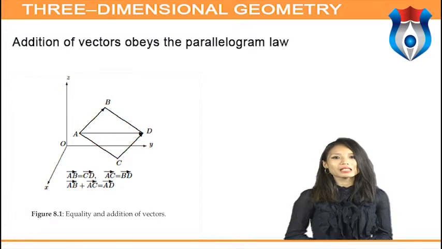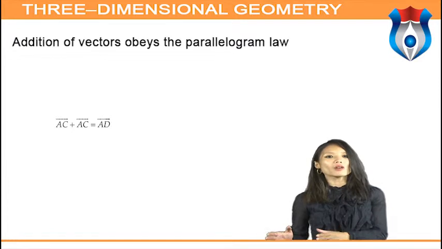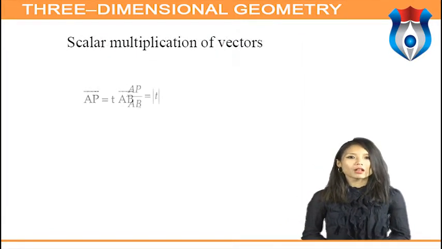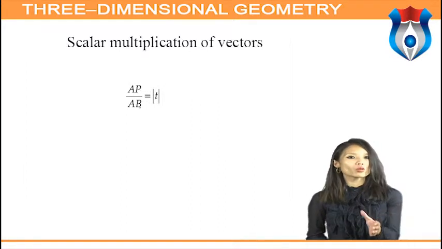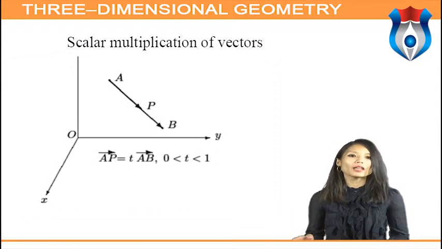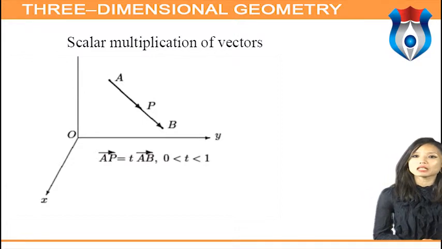Let A, B, C be non-collinear. Then AB vector plus AC vector is equal to AD vector. Scalar multiplication of vectors: let AP be equal to T times AB, where A and B are distinct points. Then P is on the line AB. Here AP by AB is equal to the modulus of T.